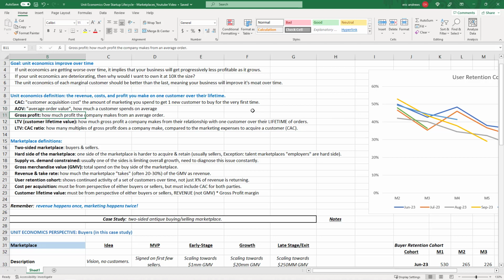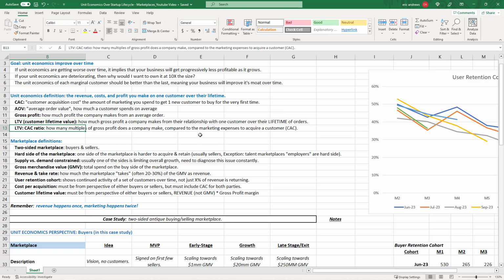Gross profit is how much the company makes in profit from that average order, so your revenue minus the direct costs. Then you have your customer lifetime value, which is how much gross profit a company makes from their relationship with that customer over the lifetime of orders. So maybe on one order you might make $50, but if that customer buys from you 10 times over 5 years, you would make $500. That's called your customer lifetime value.